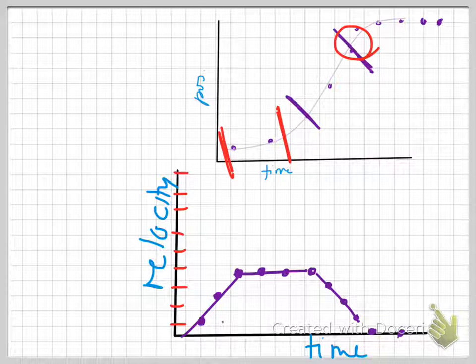How fast you change your position, how long it takes you to change your position by a certain amount. Here, we're not changing our position. I mean, we are, but what's changing? Velocity. So this is V, this is T. So we're changing our velocity.